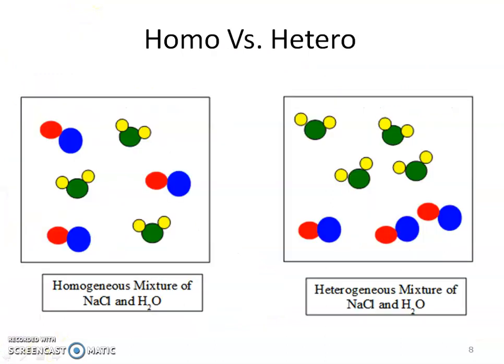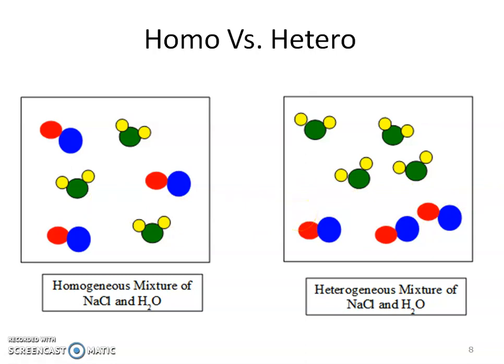So here's, again, I like to show you those visuals on the molecular level. So here's a homogeneous mixture of salt and water, and here's a heterogeneous mixture of salt and water. Now what I'm really trying to show you here is this is nicely dissolved. The salt is nicely dissolved in the water, so it's kind of dispersed throughout. But at some point, and we're going to talk about this later, you have a supersaturated solution.